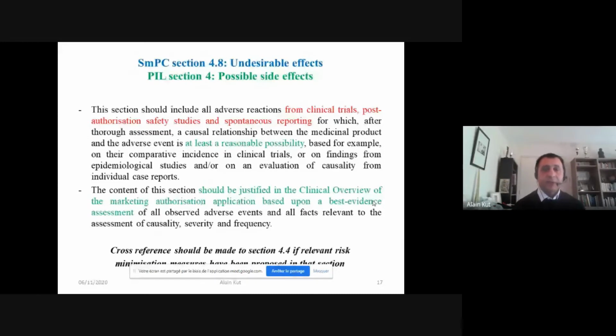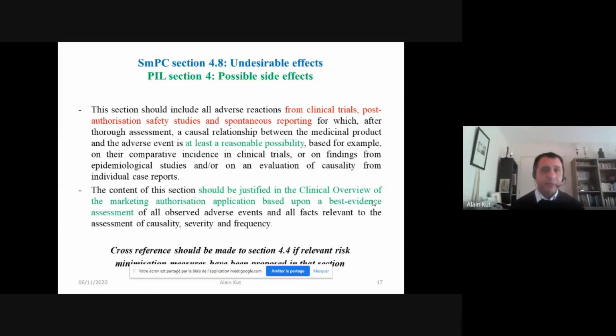built from clinical trials, post-authorization safety studies, and spontaneous reporting, for which, after thorough assessment, a causal relationship between the medicinal product and the adverse event is at least a reasonable possibility.